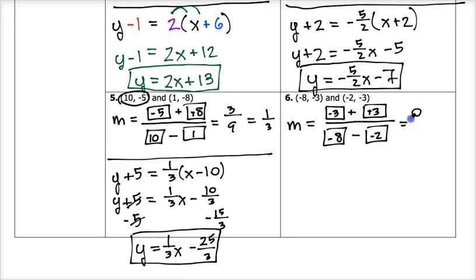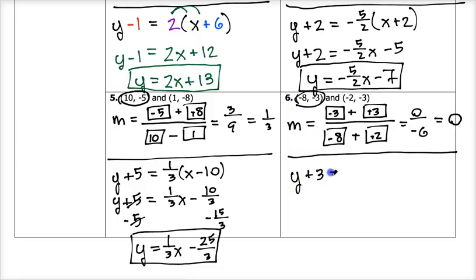And this becomes 0 over -6. 0 divided by any number besides itself is 0. So the slope of this line is 0. I can now pick one of my points, use point slope form, so I get y plus 3 equals 0 times the quantity x plus 8. Well, over here, if I distribute 0, I just get 0 on the right side. So subtracting 3 from both sides, I get y equals -3.